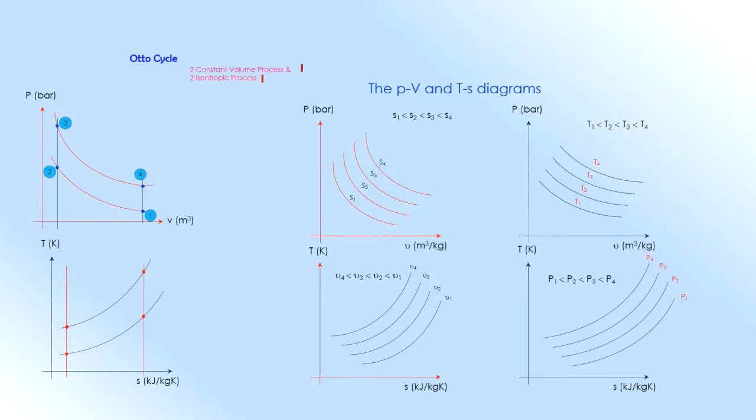So this should be your point 1, 2, 3, and 4. And remember, it's clockwise. That is why I put the points in a clockwise formation.